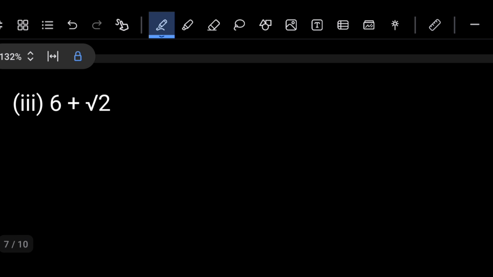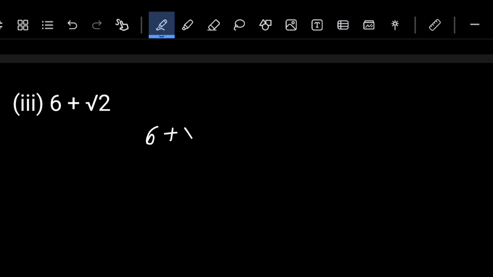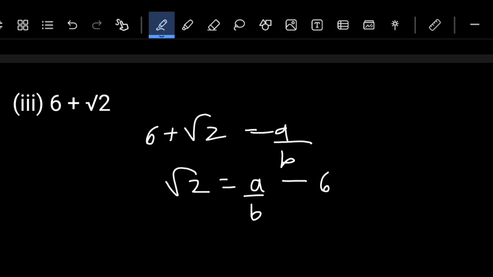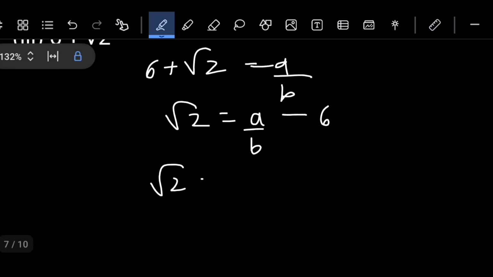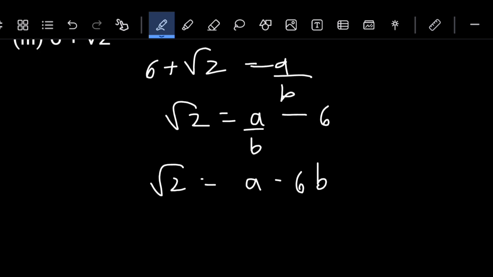Now 6 plus root 2. Exactly the same as the second question. 6 plus root 2 is equal to a by b. Root 2 is equal to a by b minus 6. Root 2 is equal to a minus 6b divided by b, making the denominator same. And then since a, 6, b are integers, a minus 6b by b is rational, therefore root 2 is also rational.